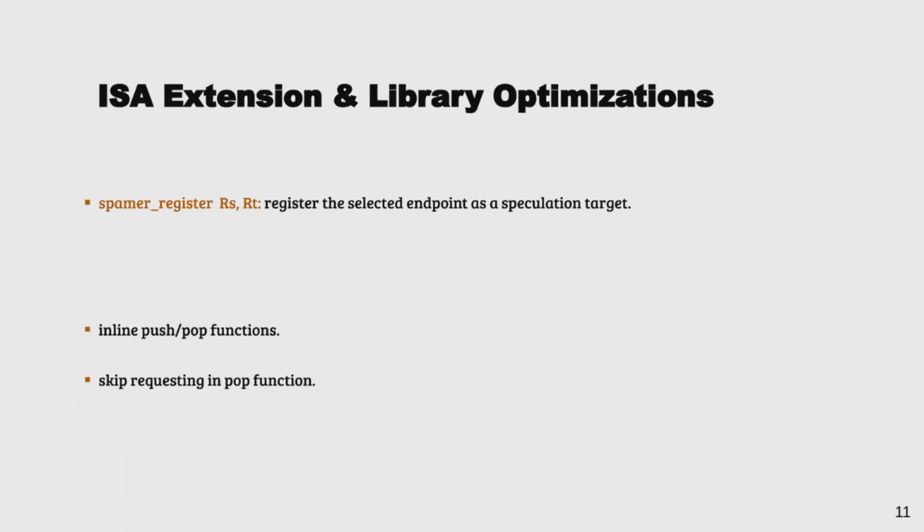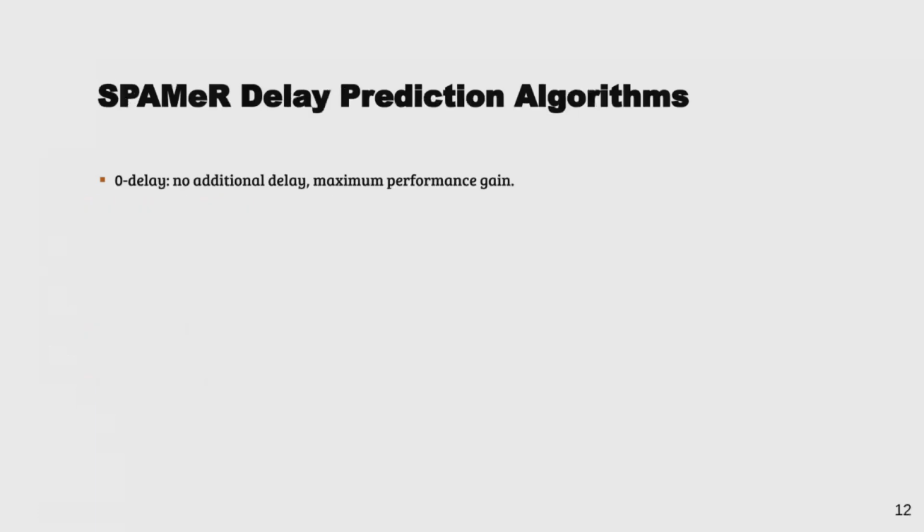We also apply function inlining on the most frequently invoked push pop functions. The last but very important part of SPAMeR design is the prediction algorithm. The first algorithm, we name it zero delay, apparently because the zero delay algorithm never adds any delay to speculative push.